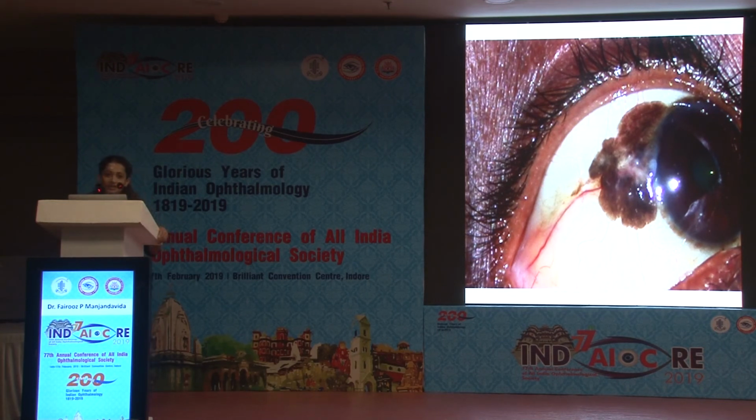Yes, sir, please go ahead. Elevated, feeder vessel, so it is malignant. But why not melanoma? Keratin, absolutely. So although the majority of the lesion is pigmented, you can see traces of keratin, these whitish deposits on the surface. So this is a pigmented OSSN.